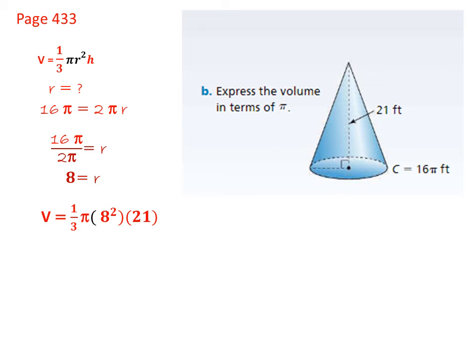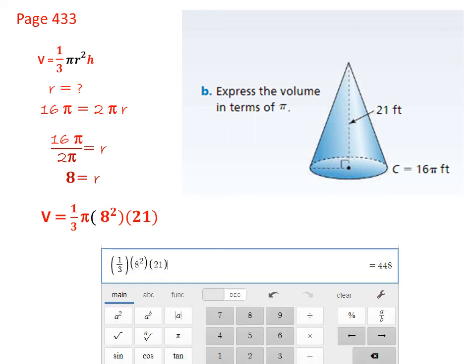Now simplify this expression. You can use the calculator to compute 1/3 times 8 squared times 21. The answer is 448. And don't forget pi. So the answer is 448 pi cubic feet.